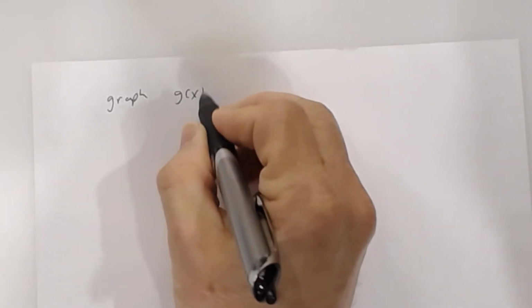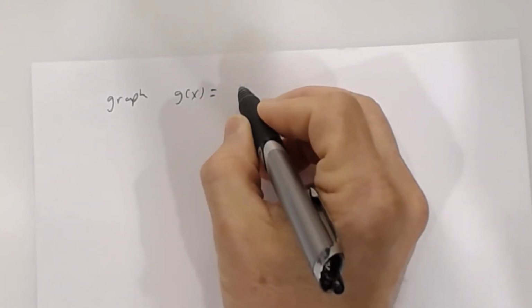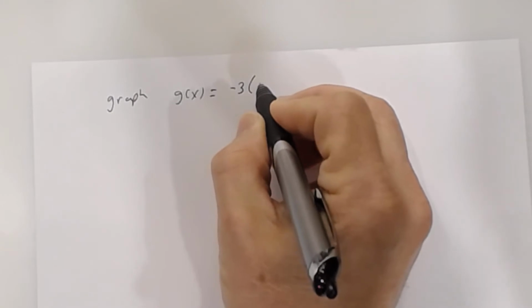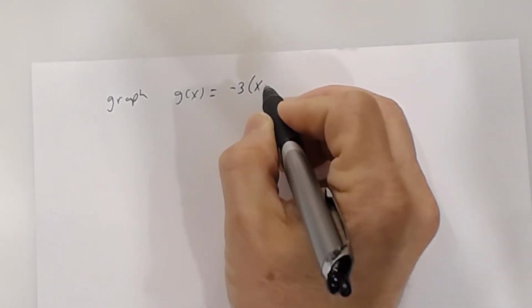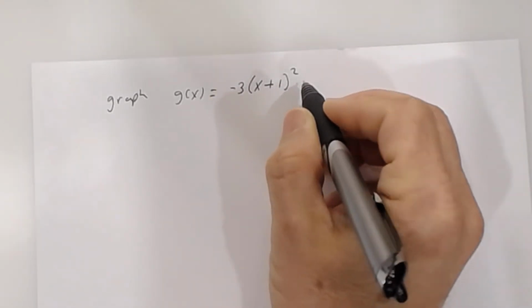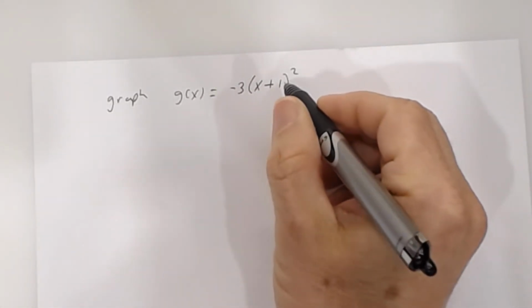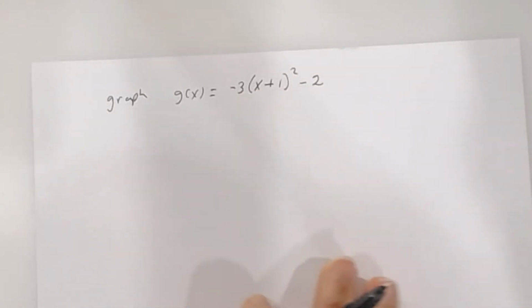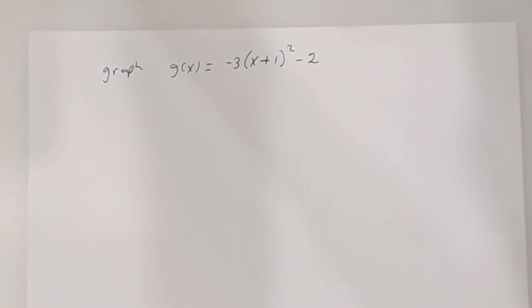g of x equals -3 times (x plus 1) squared minus 2. What form is this? Vertex form. Since it's in vertex form, you can tell me the vertex.